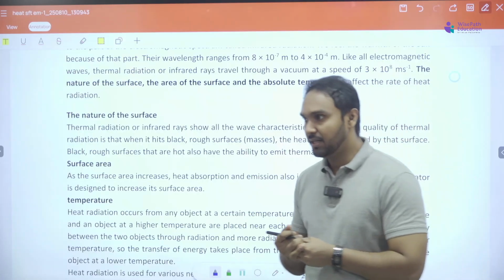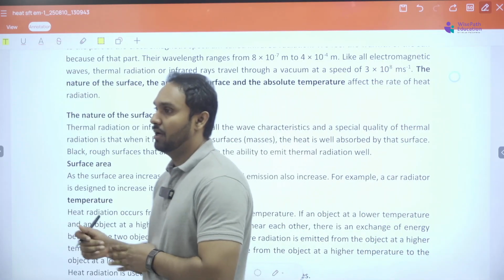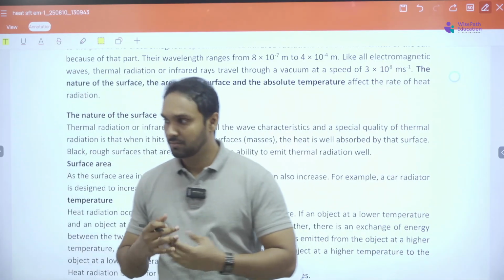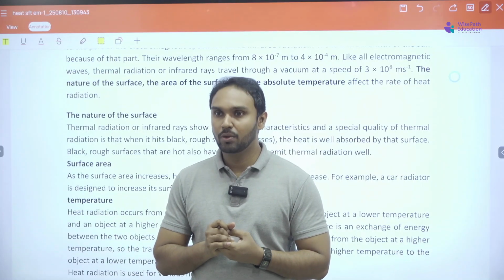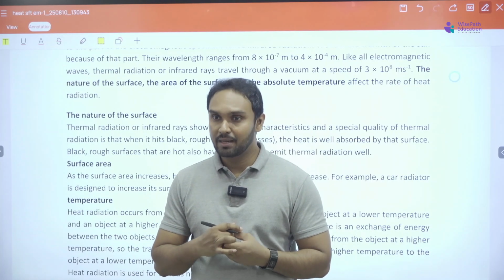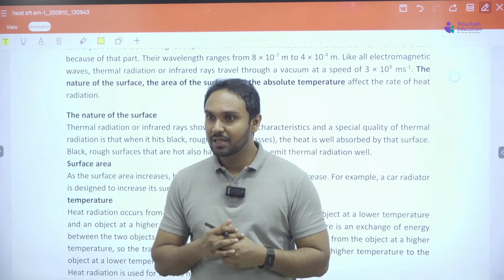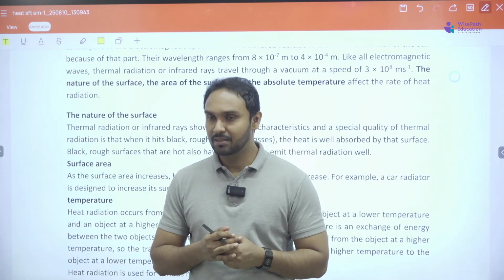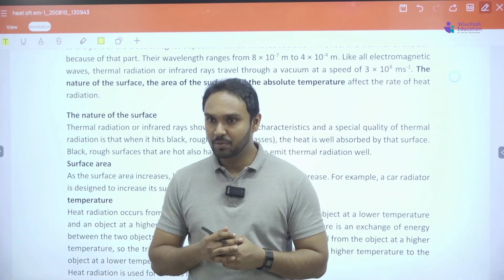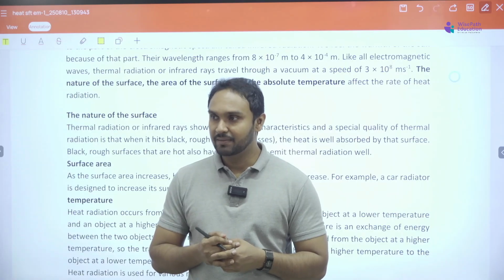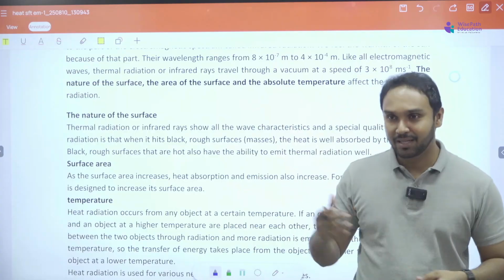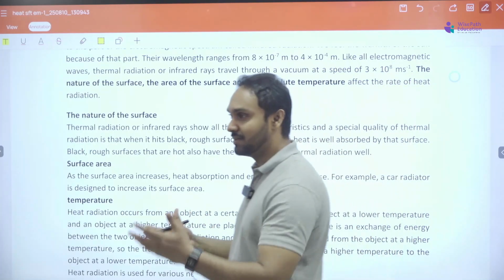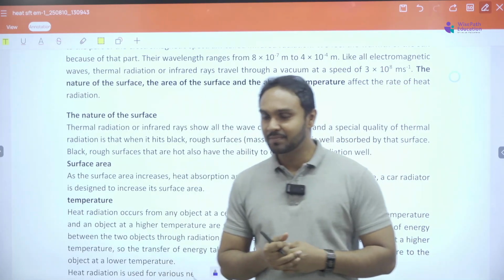So if you wear a black dress and you go in the sun, what happens? You feel more heated up, isn't it? Because the black is absorbing much more heat, right? And even the skin could do that. But it's a good thing because you can convert it into vitamin D.